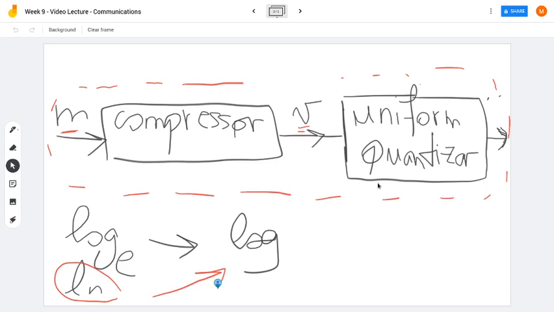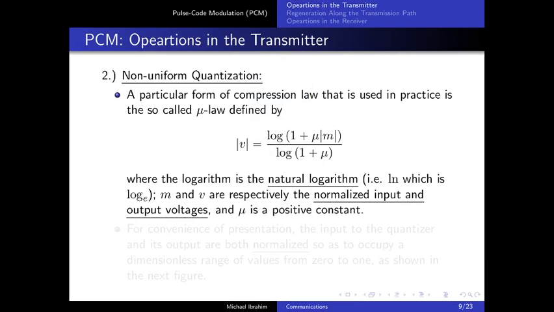Whereas the log we use in mathematics, which is log to the base 10, in MATLAB we call log10. So be careful when using this notation in MATLAB, and in some textbooks the notation log might refer to actually a ln, which is a natural logarithm.